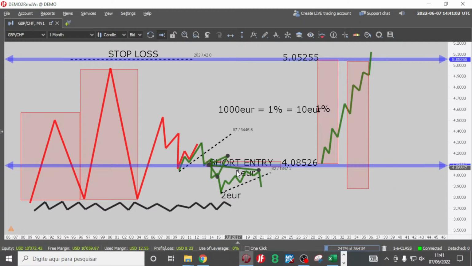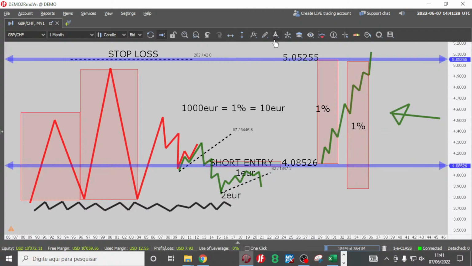So this was the first entry. Now I know that I need to re-enter because I need to make more than I'm risking. If I'm risking 1%, I need to make 2, but my risk reward ratio just increased. And here is the answer. You are going to risk the same 1%.